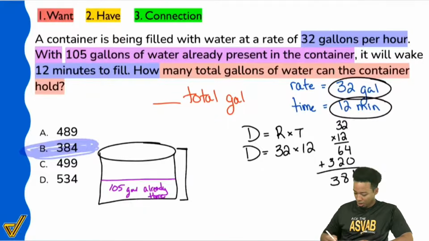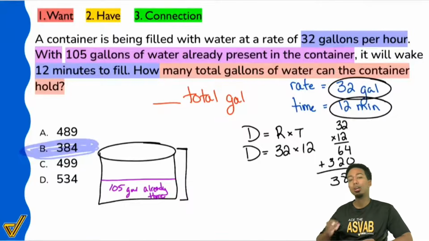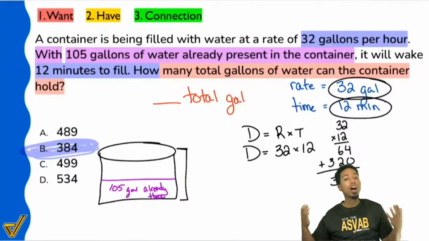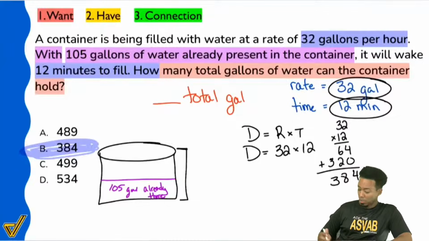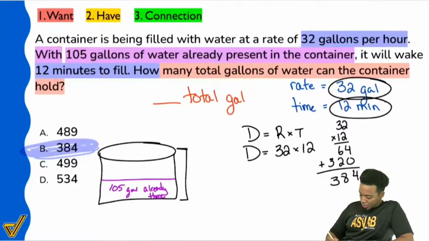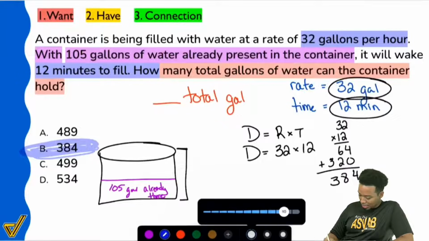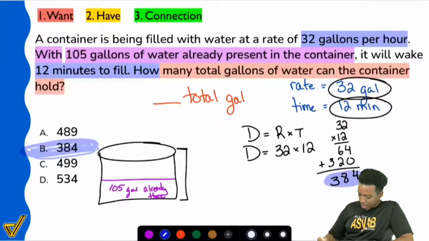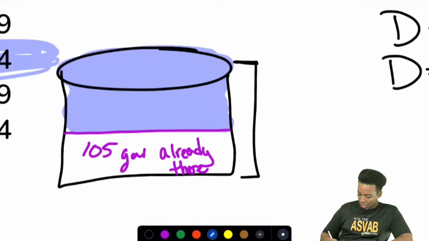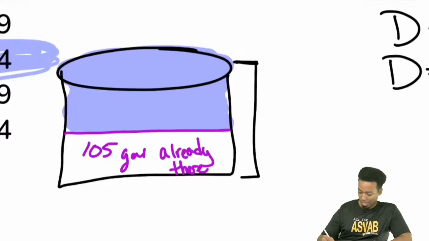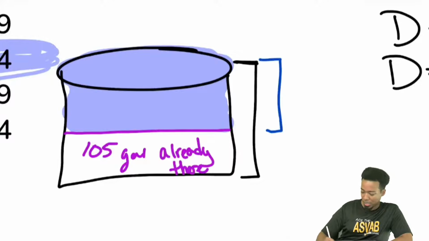Everybody, what we just solved for, yes, that is a distance. That was an amount that we were trying to accomplish, but it wasn't the goal of the problem. That was part of the goal, because this 384 gallons, that right there, that's the distance we went that we needed to achieve to get a full container.